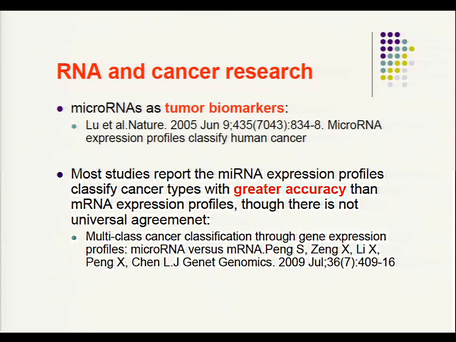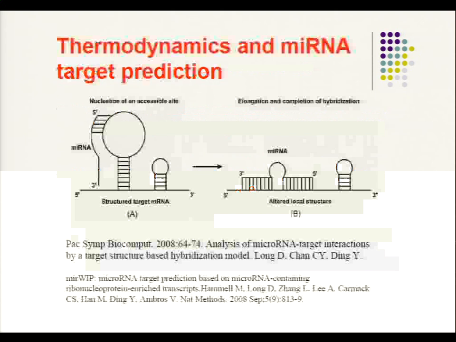RNAs have been found to be important markers, including messenger RNA. MicroRNA plays an important role in gene regulation, and there is a good deal of research on the targets of microRNA.